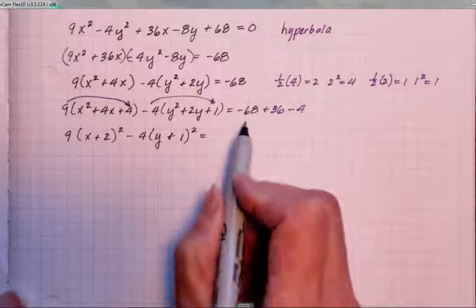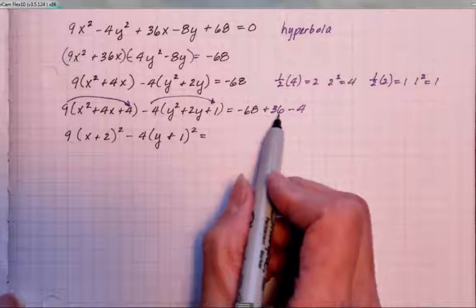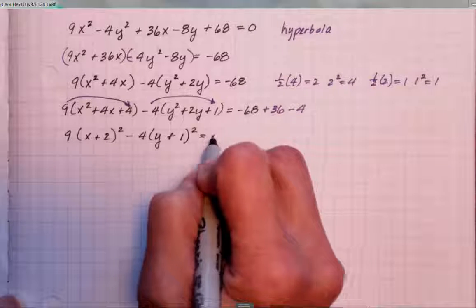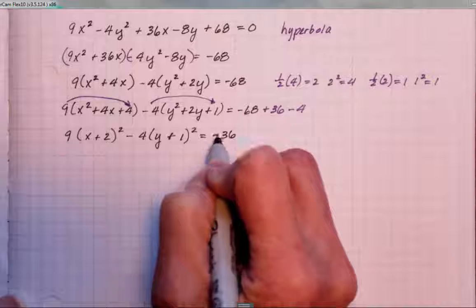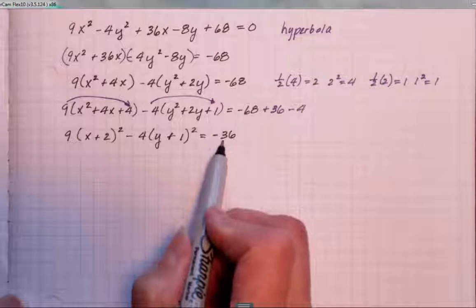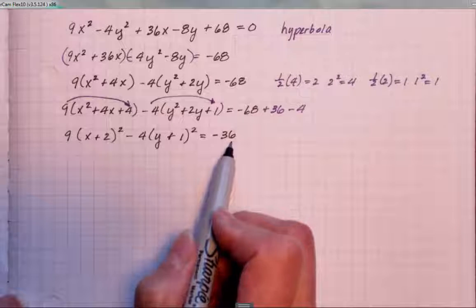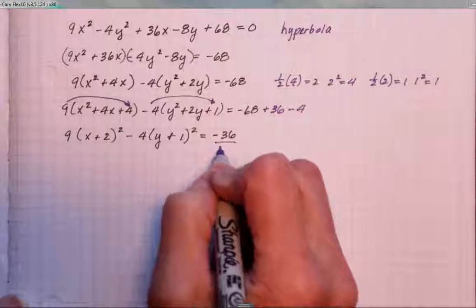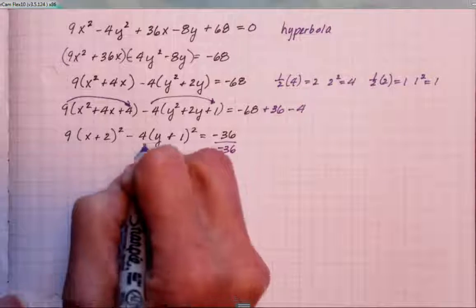And then I'm going to combine negative 68, positive 36, and negative 4, which gives me negative 36. Now to get this into standard form, I need to have a 1 on the right side of the equation. So I'm going to go ahead and divide every term by negative 36 on both sides of my equation.